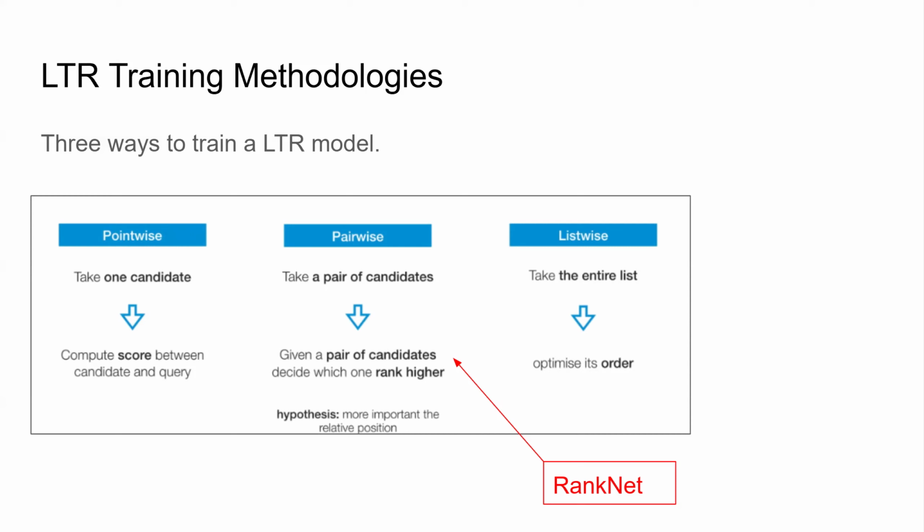So the insight is that the pointwise is actually really easy to train, because you just input one candidate. The pairwise is more computationally expensive, and the listwise is exponentially computationally expensive, because you take in the entire list at a time. But if you see results, the listwise LTR training methodologies actually give us the best result, because it takes as input the entire list.